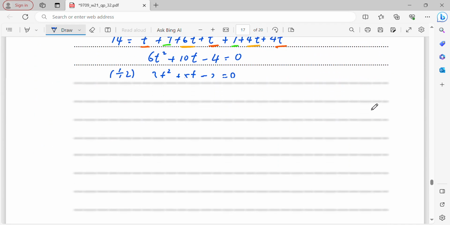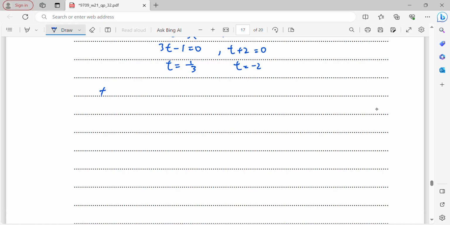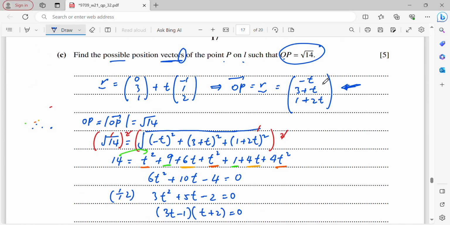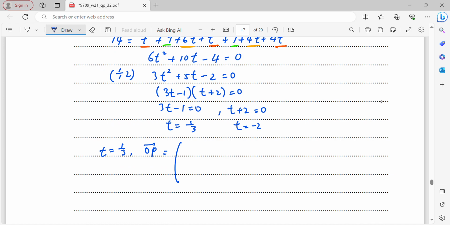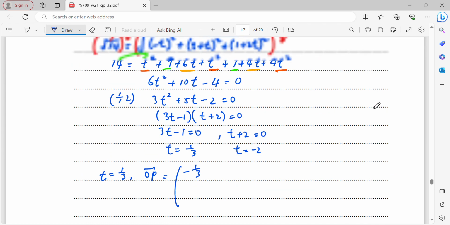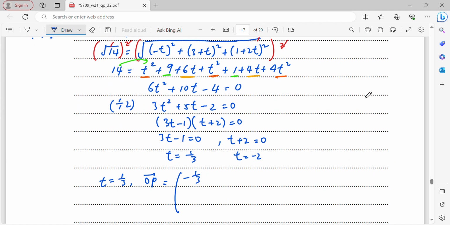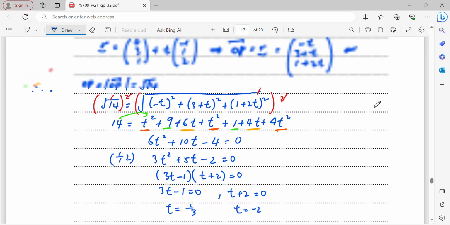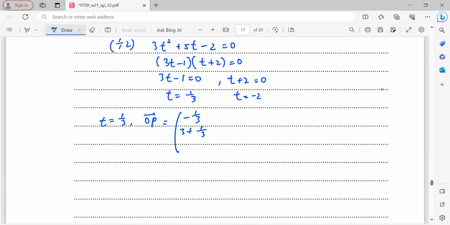So now when t equals to 1 over 3, my OP is, just substitute back, minus t, then after that 3 plus t, lastly 1 plus 2t.